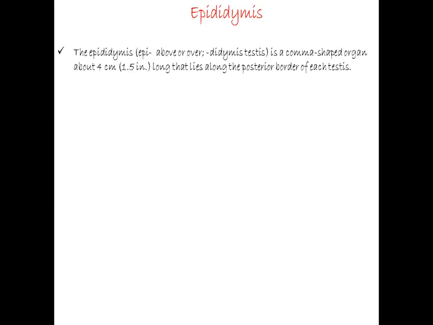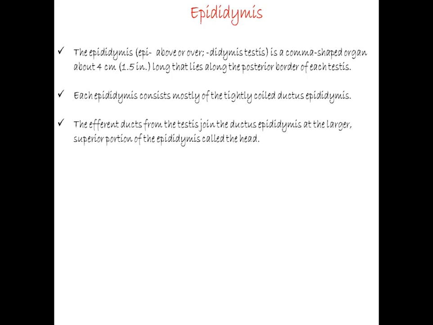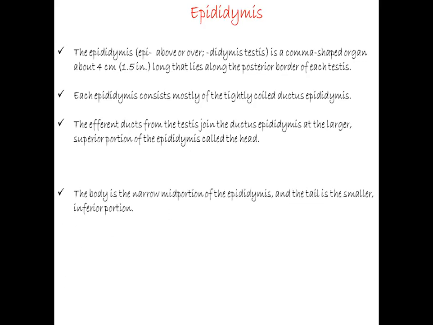Next one is the epididymis. The epididymis is a comma-shaped organ about 4 cm long that lies along the posterior border of each testis. Each epididymis consists mostly of the tightly coiled ductus epididymis. The efferent ducts from the testes join the ductus epididymis at the larger superior portion of the epididymis called the head.